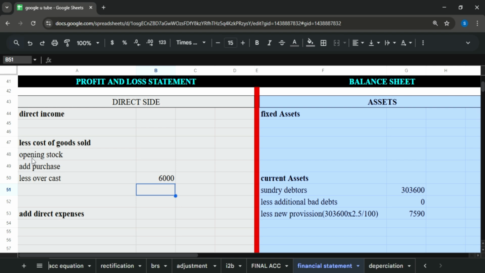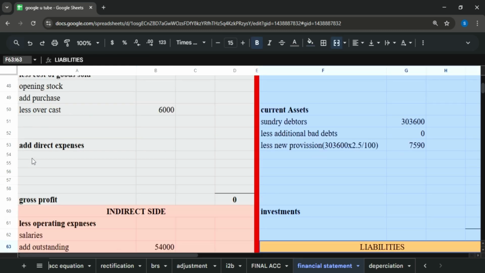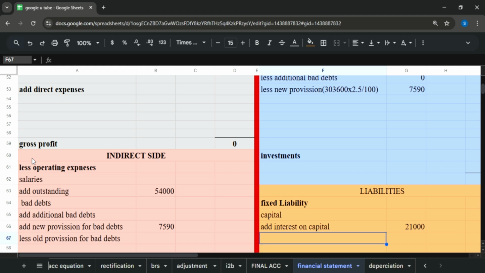So finally what we will do, first you have decreased the purchases over here, and we will be doing its second effect as well, because profit was increased, so you will have to decrease it. Less overcasted opening stock, so 6,000 you will mention over here.